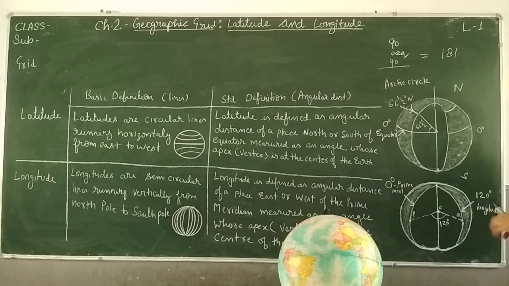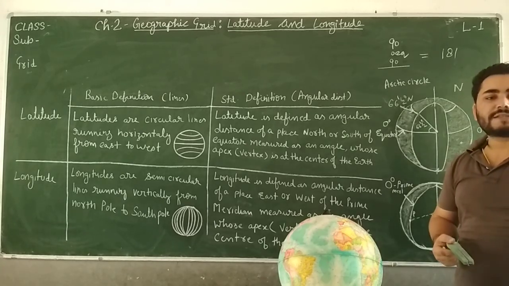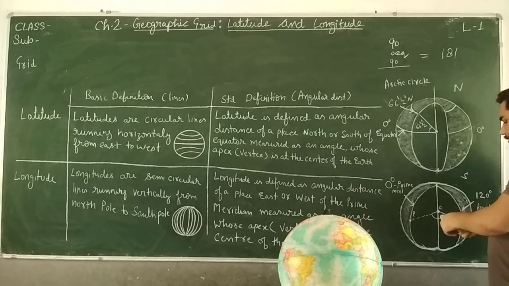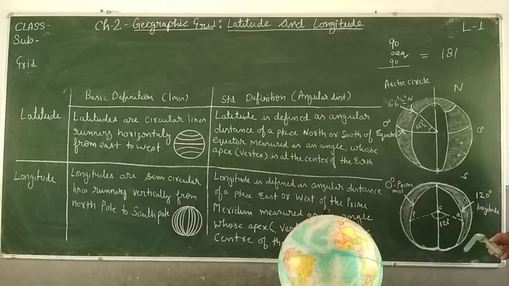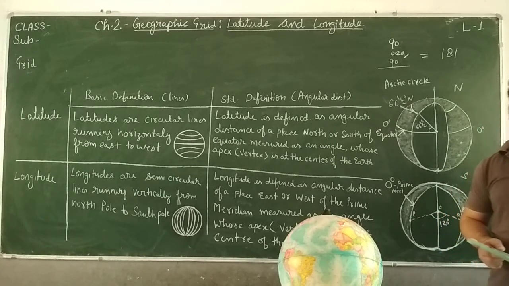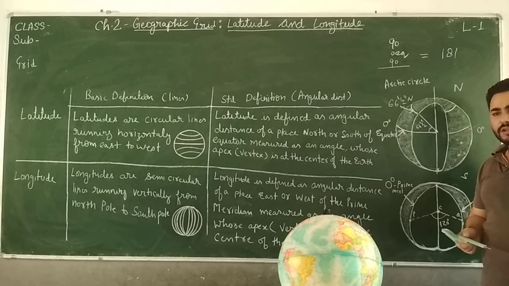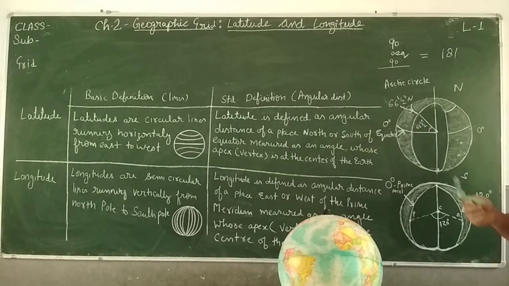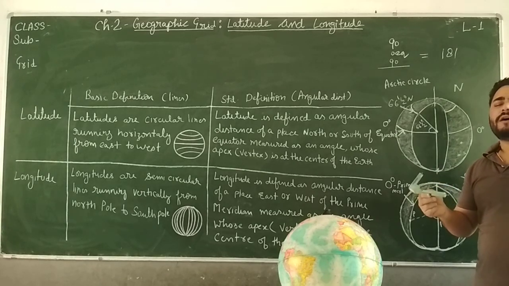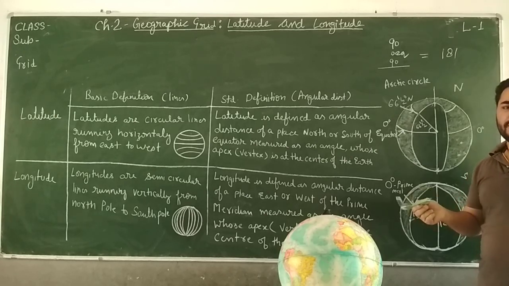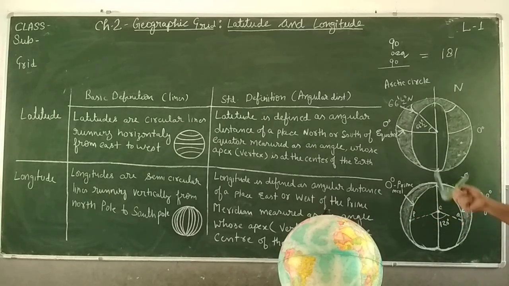So here I have drawn the interior of the earth, and this is the center of the earth. From the center we take one line as a point of reference or baseline, from where we are measuring. This line is 0 degree, which runs through London, England, from Greenwich, the Greenwich Laboratory, GMT.